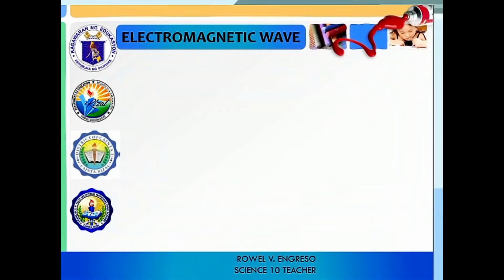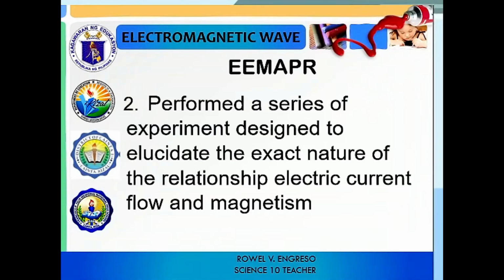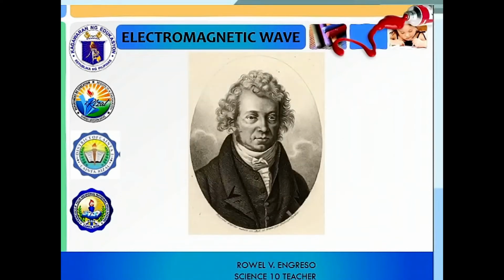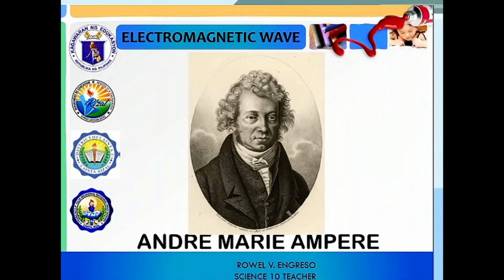Number 2. He performed a series of experiments designed to elucidate the exact nature of the relationship of electric current flow and magnetism. The answer is Ampere. And here is André-Marie Ampere.